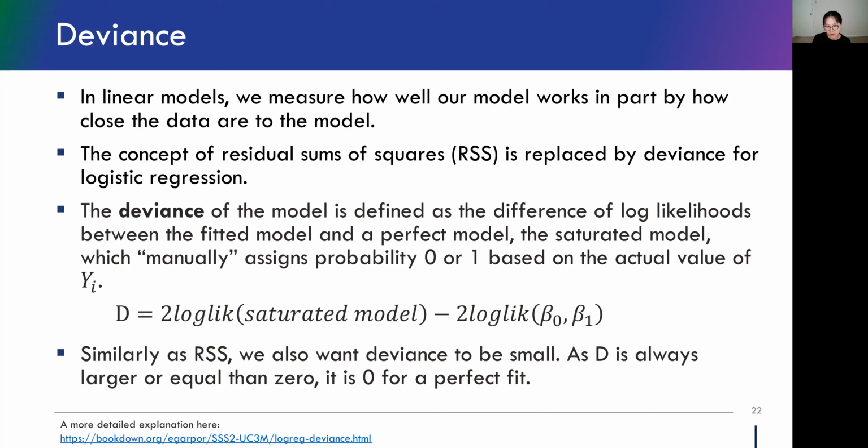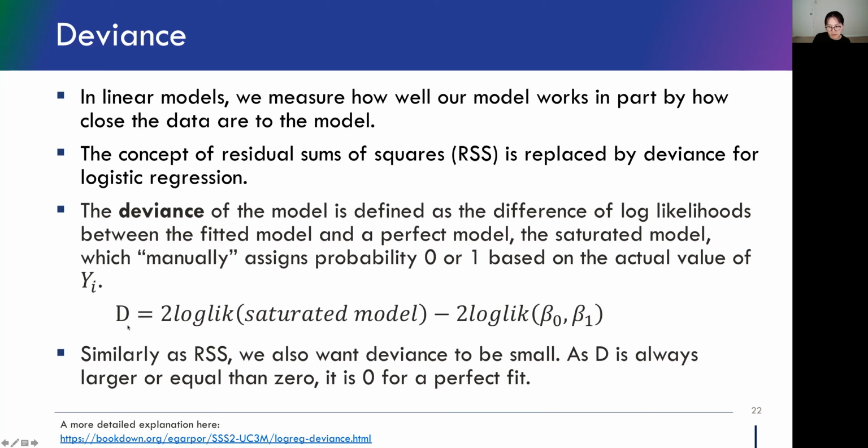You get so many parameters in this model that you get perfect prediction, so it's called a saturated model. So deviance is the difference between the log likelihood of this saturated model and that of your fitted model. And just like the RSS, we also want this deviance to be small.